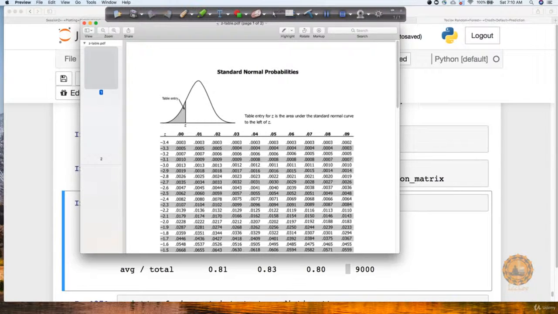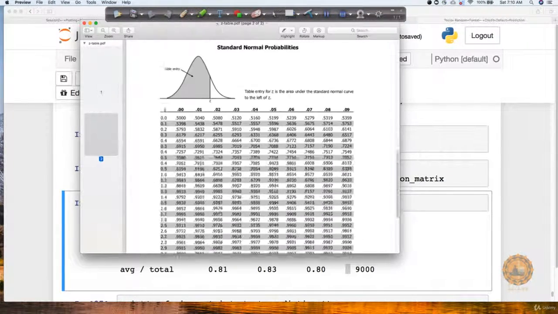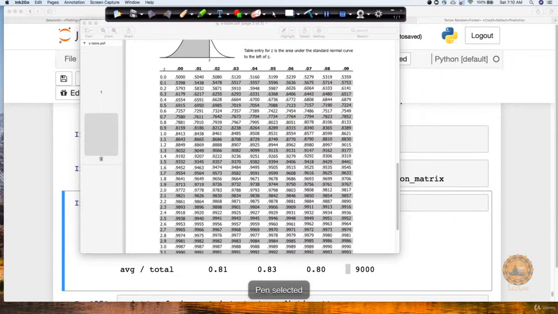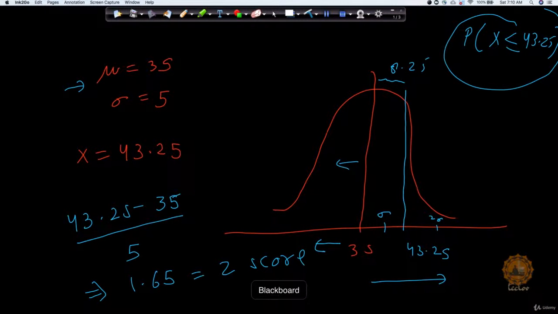Here we have to look at 1.6. So we will look at this particular row, and we look at this particular column. So we got the value of 0.9505. This is the value which is the probability.